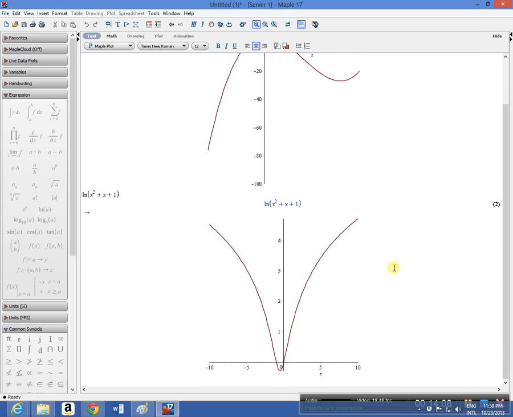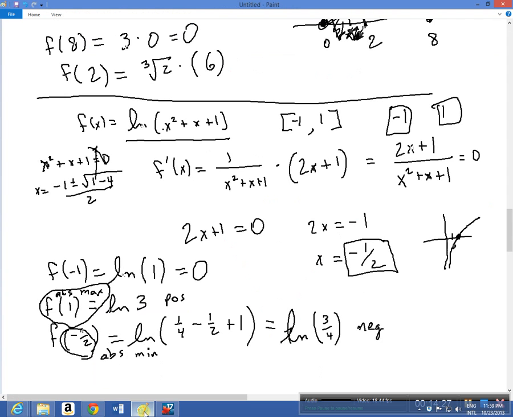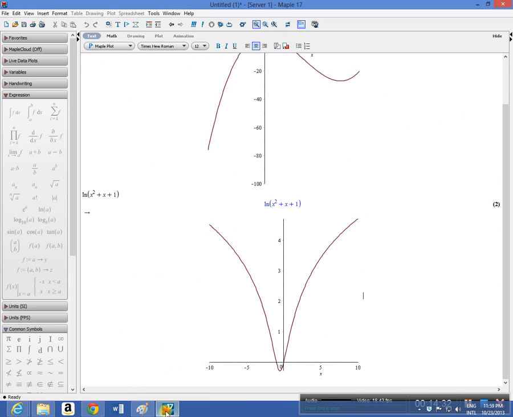I need this on the interval from -8 to 8. I lost the problem. I should flip back and look. On the interval from -1 to 1. So on the interval from -1 to 1, I suppose we should zoom in on it, but you can see from here what's going on.